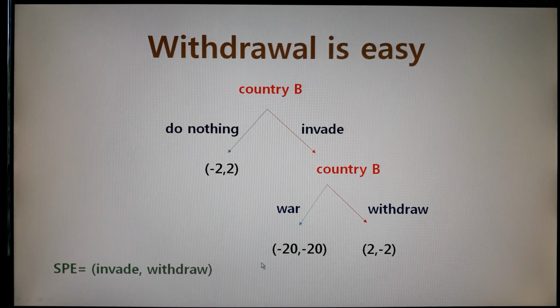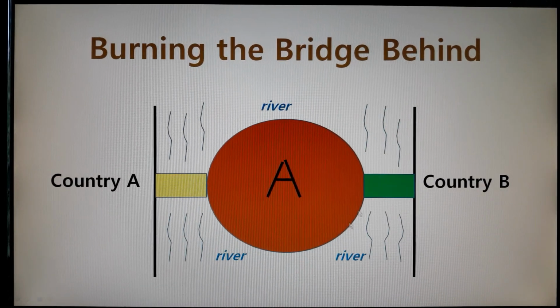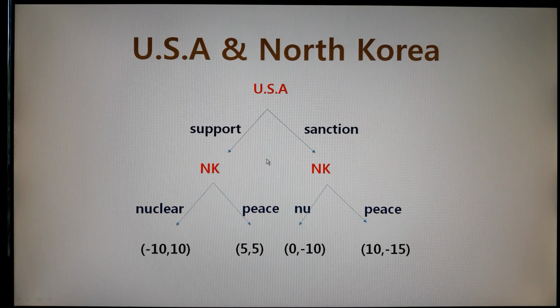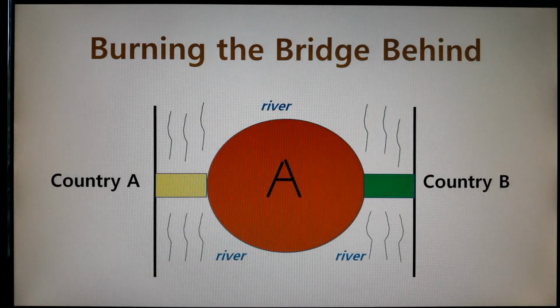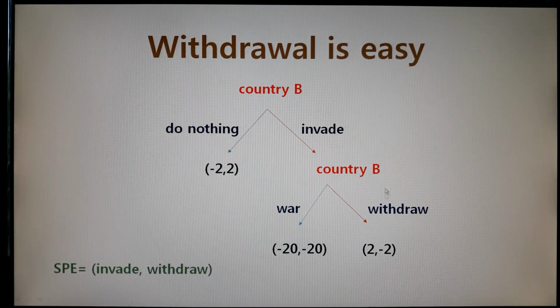Do you really want to risk your life, your brother's life, your son's life, your father's life over this island in the river? So what would be the subgame perfect equilibrium? Country A, once again: the war is -20, withdrawing is -2, so country A will withdraw.